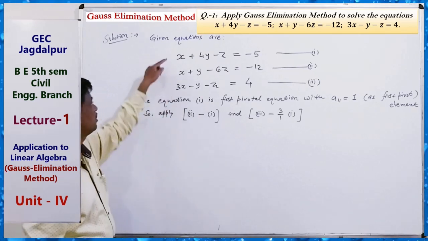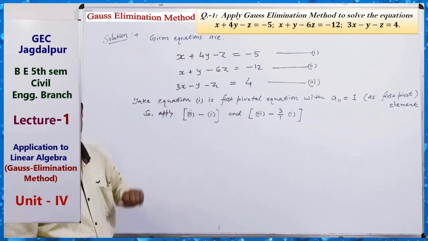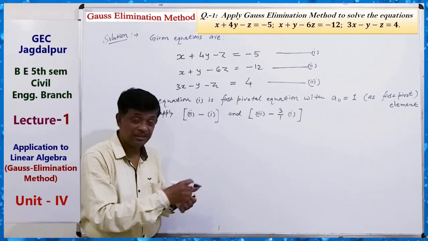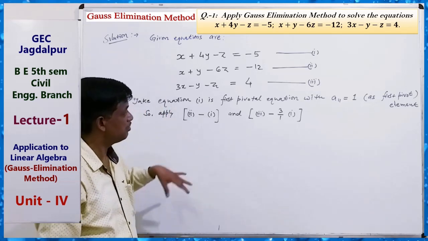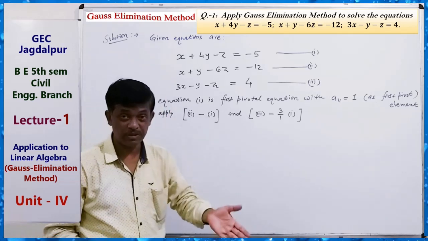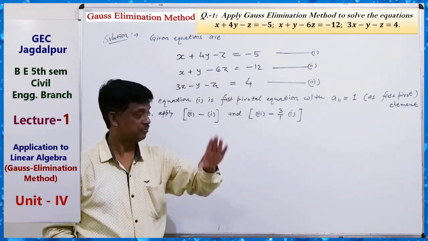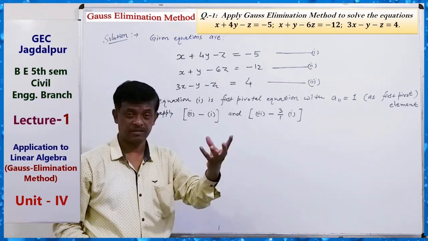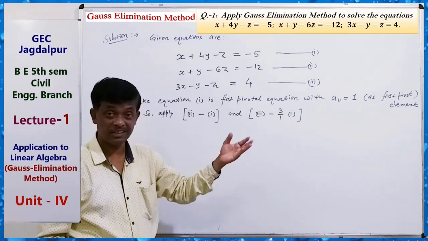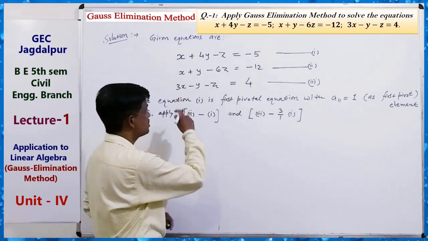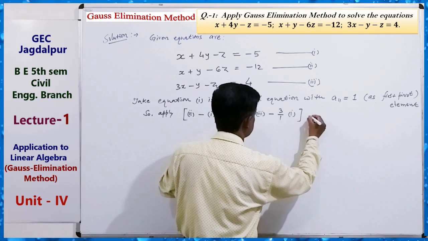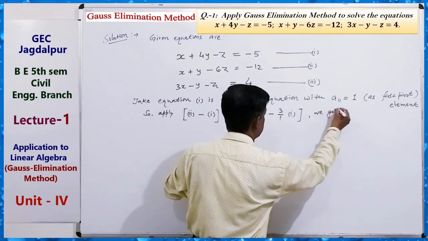Means after multiplying this by 3, you can subtract from it. We can do it directly in an easy way, but for doing programming, for any number of unknowns, any number of equations, we have to make its steps very clearly and step by step. Okay, so apply this and this, we get what?